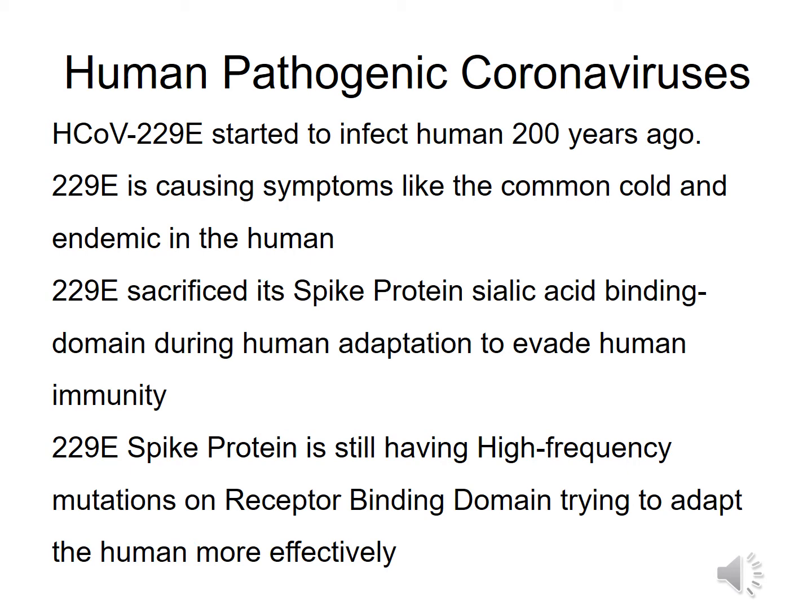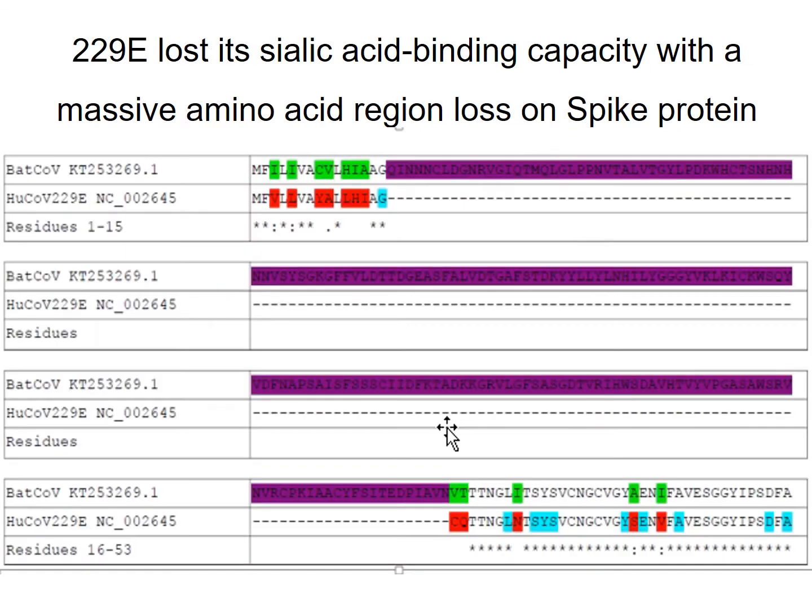Most people during the cold period have this virus. But its spike protein's sialic acid binding domain is completely gone. But this virus, despite being adapted to humans 200 years ago, is still trying to adapt more, still having mutations on its receptor binding domain.